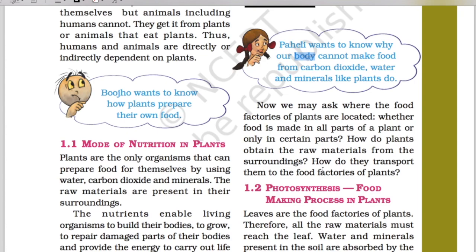Do you have an idea about different parts of plants? Can you give some examples? Roots, stem, leaf and flower are main parts of a plant.